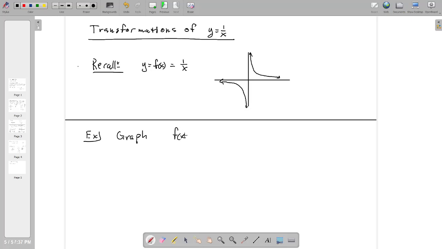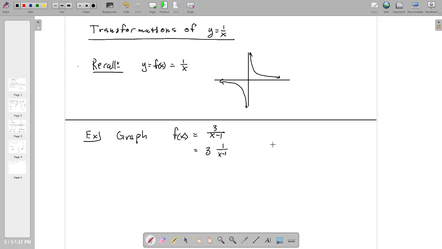Graph f of x is equal to 3 divided by x minus 1. Right. Now this one is one of the more straightforward ones. We can rewrite this as 3 times 1 over x minus 1. Now if you don't see the manipulations of the graph of 1 over x, then we are taking 3 times this graph, and this graph is the shifted graph of this.